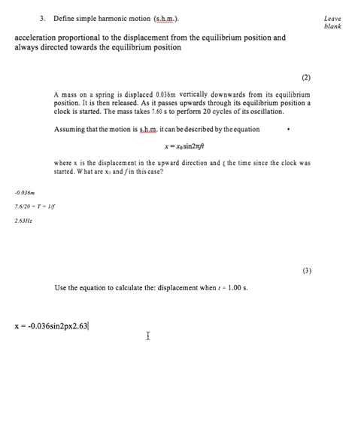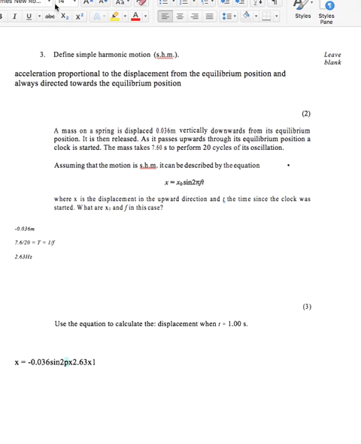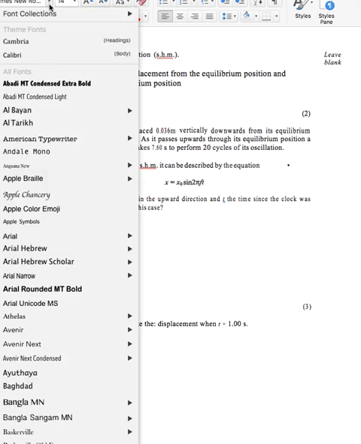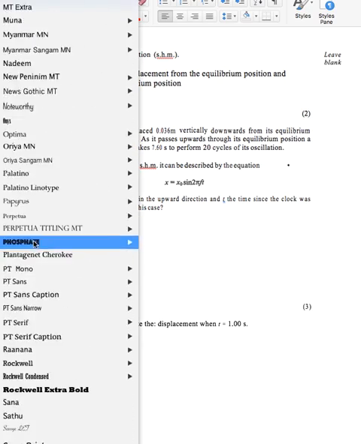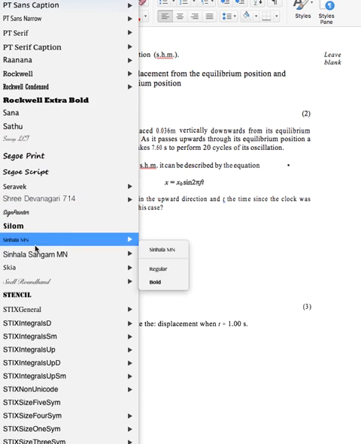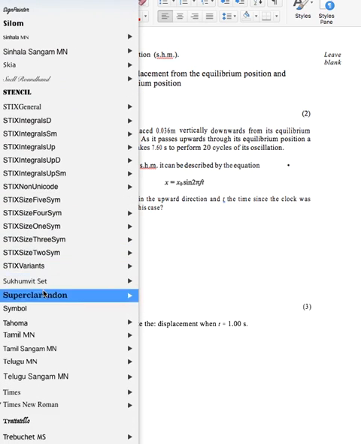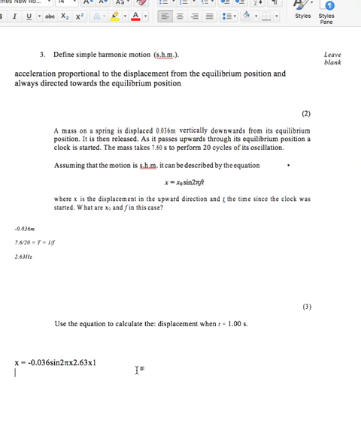And the time is 1 second. So we end up with x as 0.026.